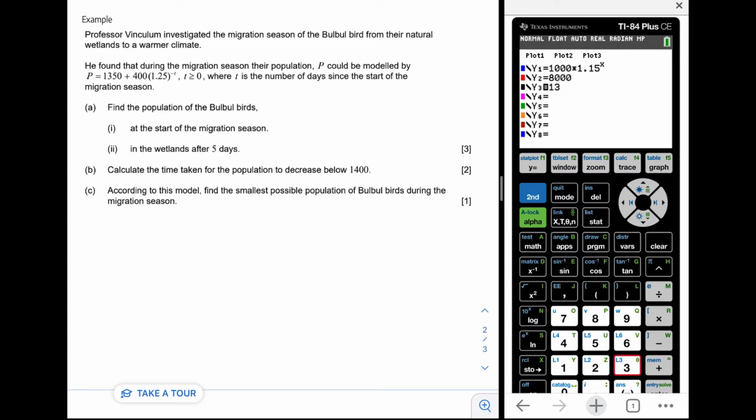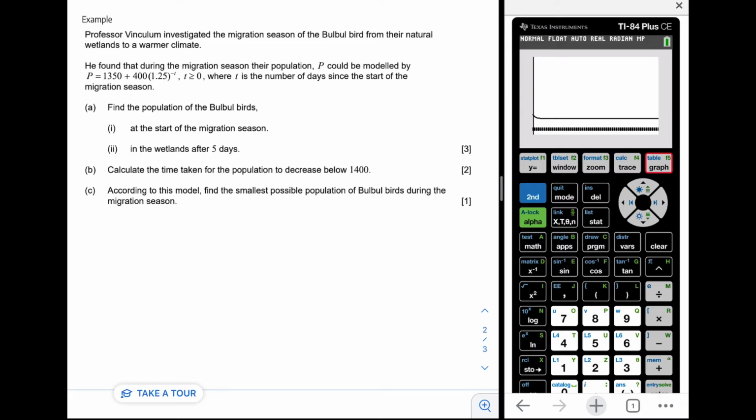So I'm going to put in the equation that I have, and I of course encourage you to do the same thing. 1.25 to the power of negative x. So negative x, this tells me that it's going to be a decreasing or a decay function. If I graph it, yep, in fact, it seems to be a decaying function here.